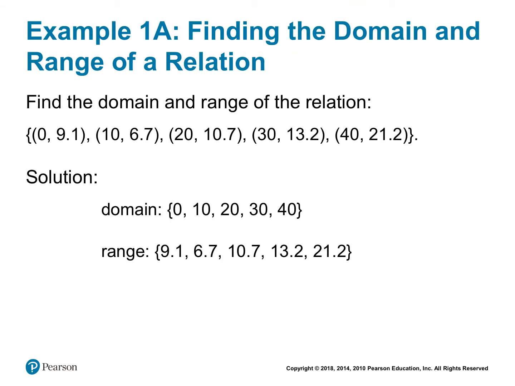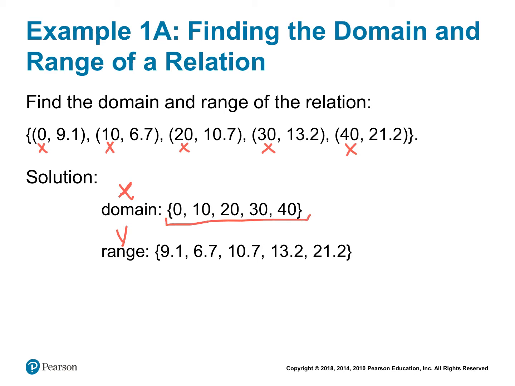So an example of finding the domain and range. Here are different coordinate pairs for a set. So the solution is all the x's are the domain and all the y's are the range. I'll just label what the x's would be. You notice that list is right here.